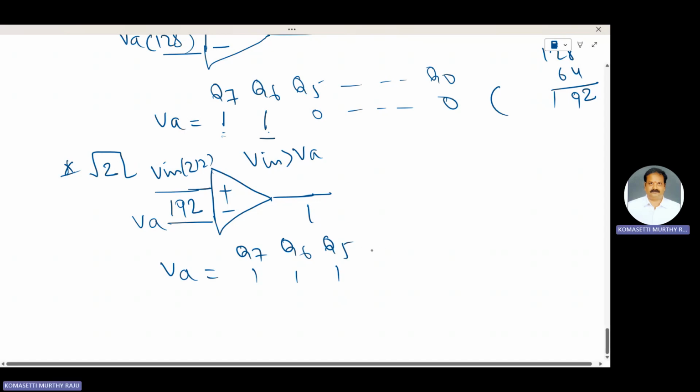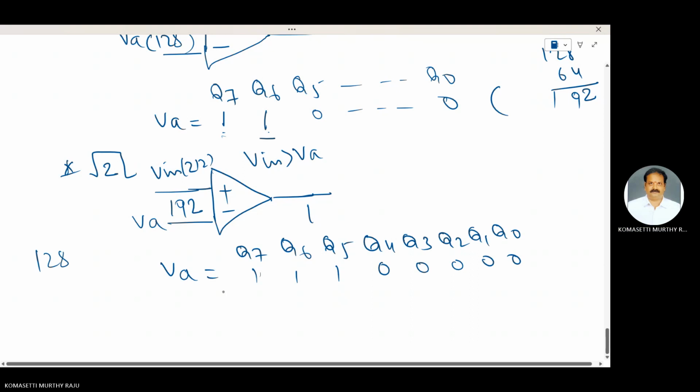The remaining Q4, Q3, Q2, Q1 and Q0 are zeros. This one is 128, 64 and 32, three bits.